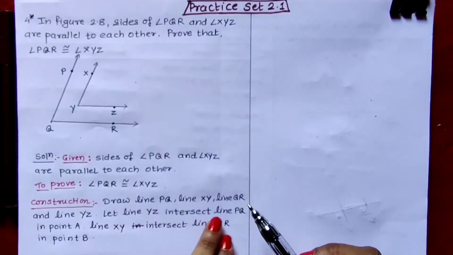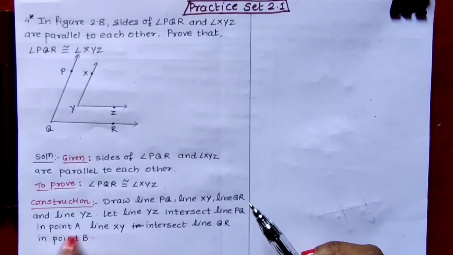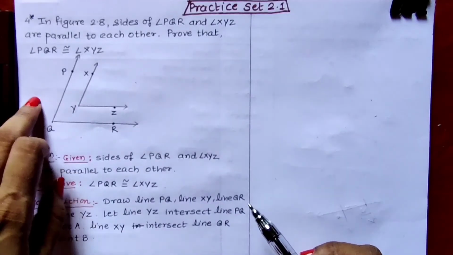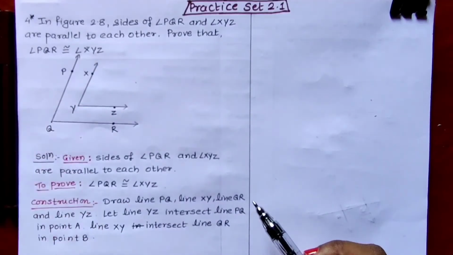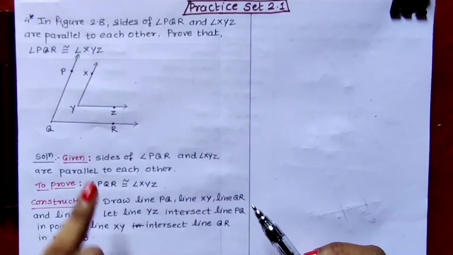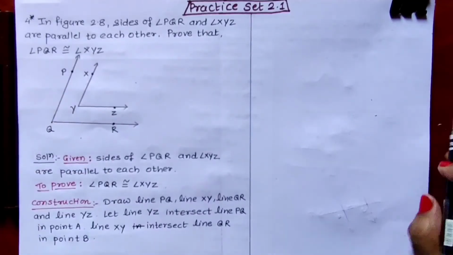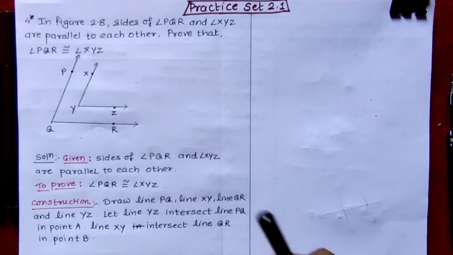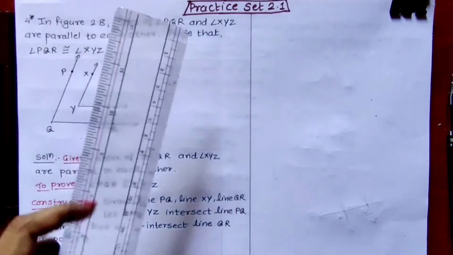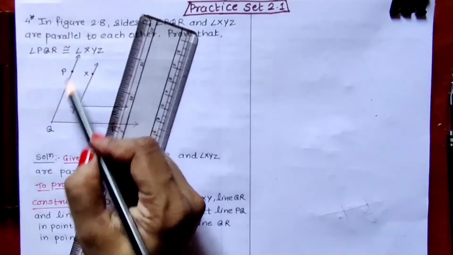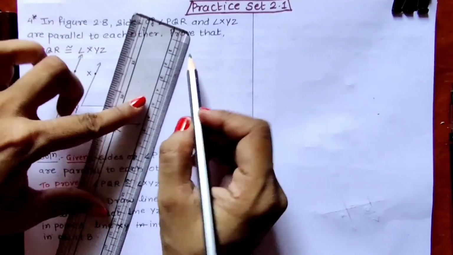And let the line YZ intersect line PQ in point A. YZ will intersect PQ in A, and XY will intersect line QR in point B. So let us do this construction first, and then we can solve this sum. So I will be drawing this PQ like this.